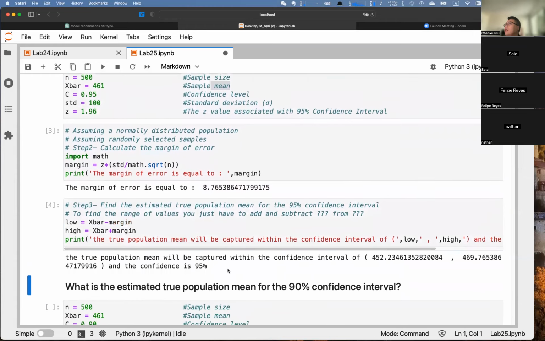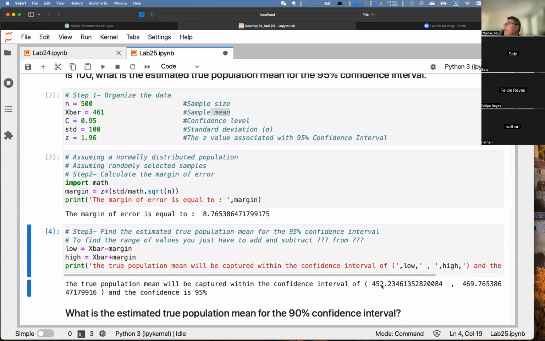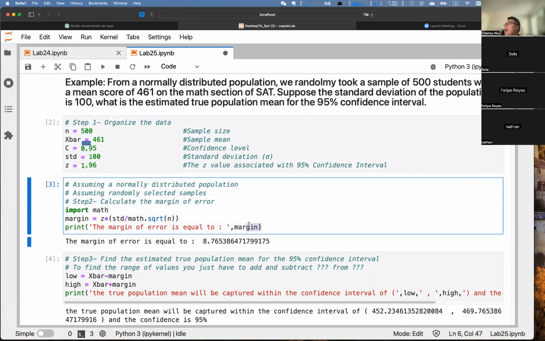Then the result would be this one, right? 452 and 469. So the key component is how to compute the margin of error. This is the most important thing to compute, right?